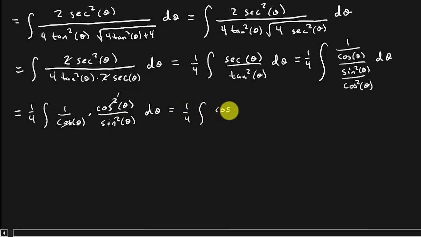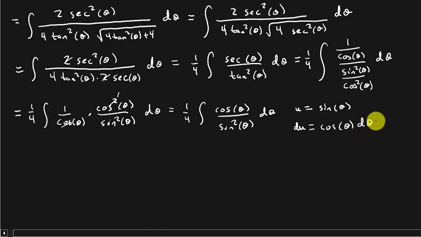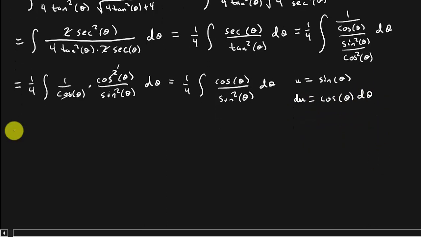So that's 1/4 times the integral cosine theta over sine squared theta d theta. And remember, this is sine theta in parentheses squared. So this is u-substitution. I'm going to let u equal sine theta. du is cosine theta d theta.